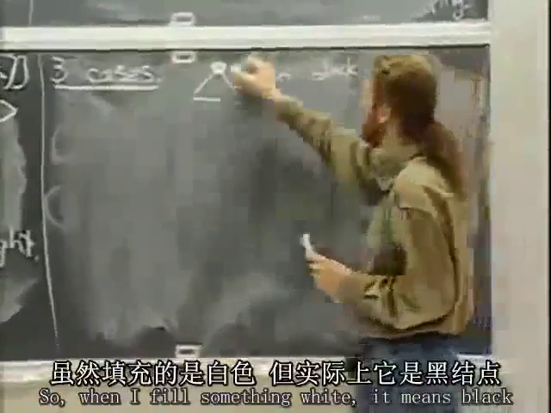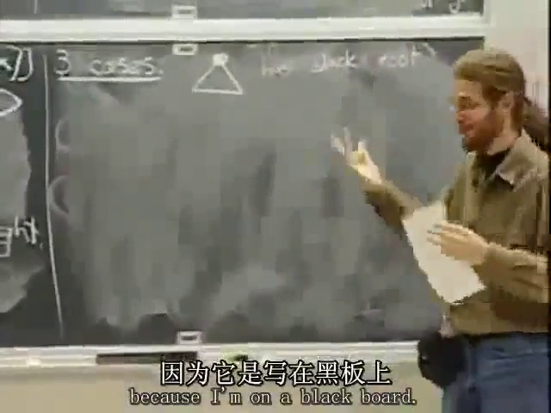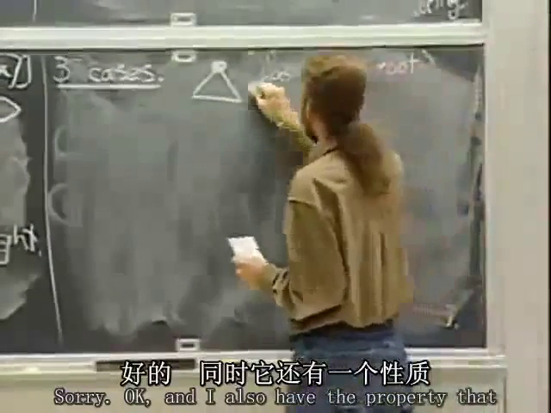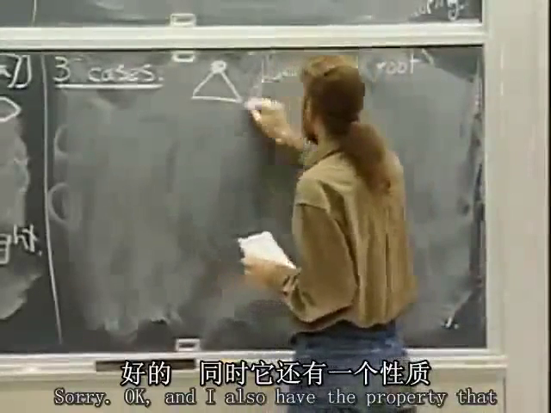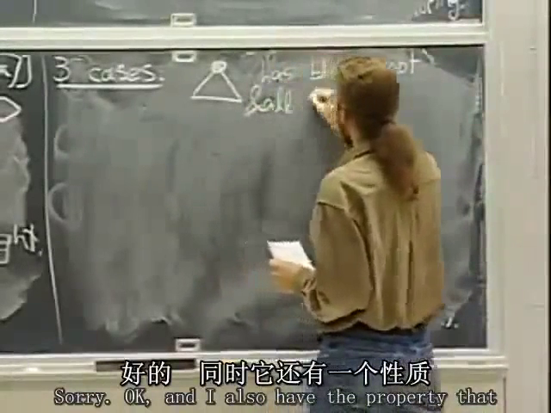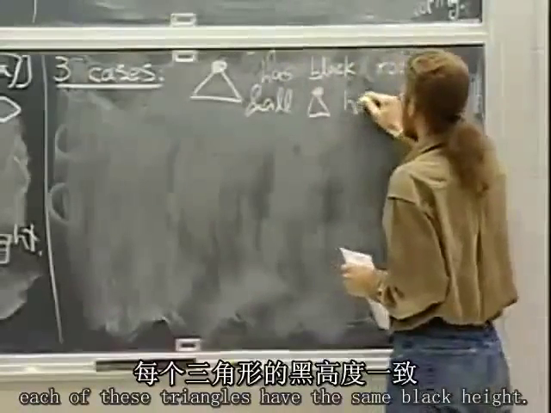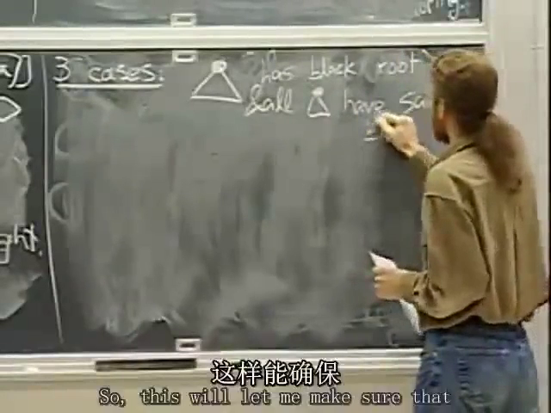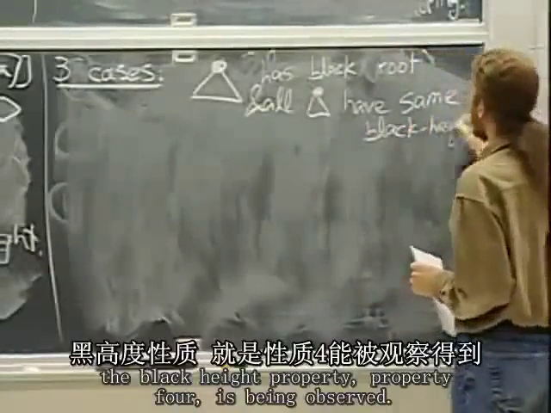So when I fill something white, it means black because I'm on a black board. Sorry. Okay, and I also have the property that each of these triangles have the same black height. So this will let me make sure that the black height property 4 is being preserved.